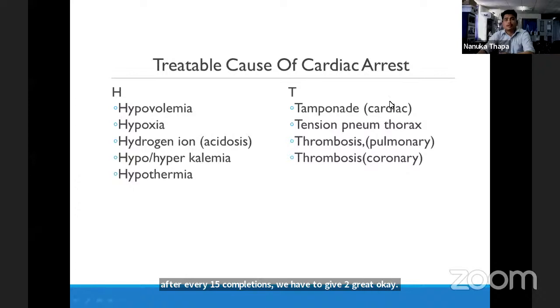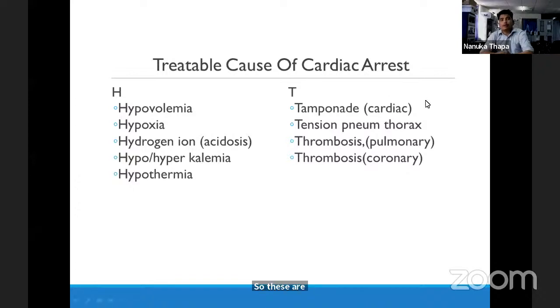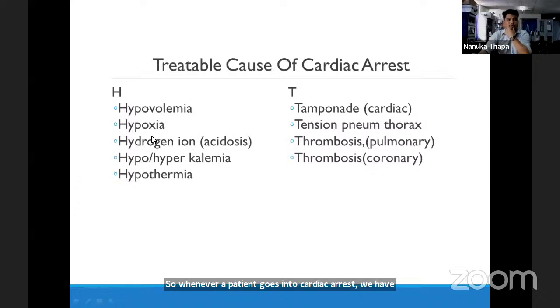So these are some common treatable causes of cardiac arrest. Whenever a patient goes into cardiac arrest, we have to look for these common things. Like hypovolemia because of blood loss or any intercurrent illness causing severe hypovolemia in the child. Any hypoxia or acidosis, either respiratory or metabolic acidosis, or imbalance in the potassium levels, and hypothermia.